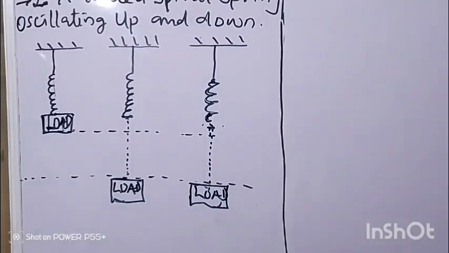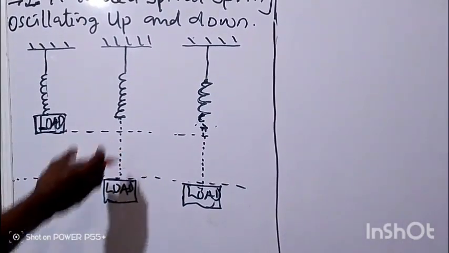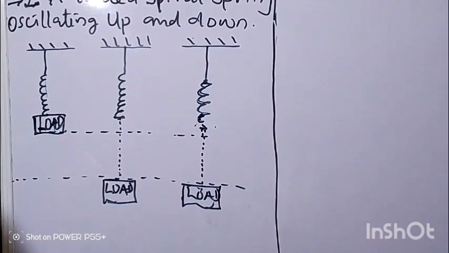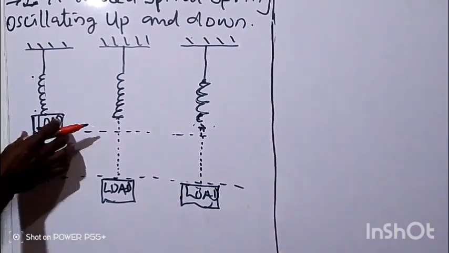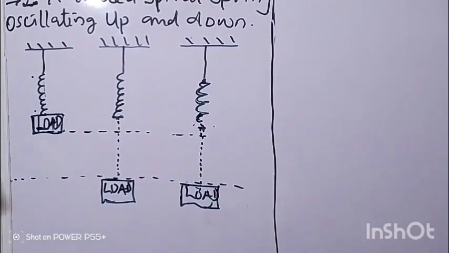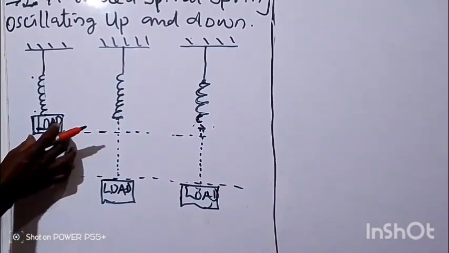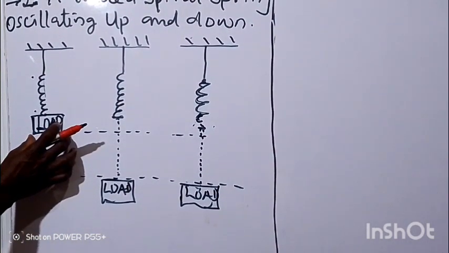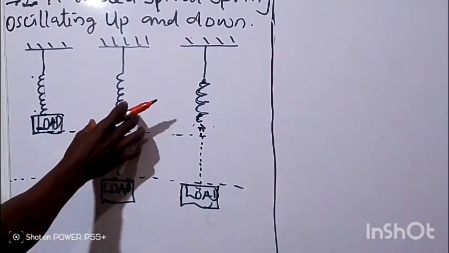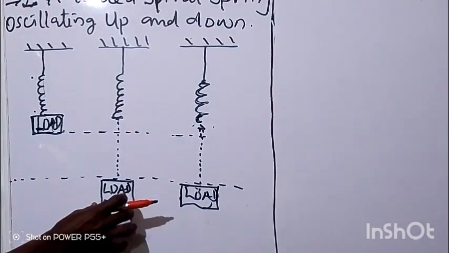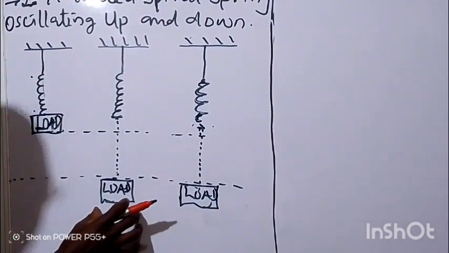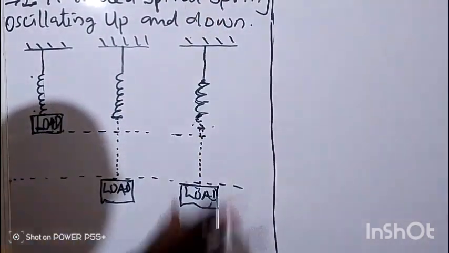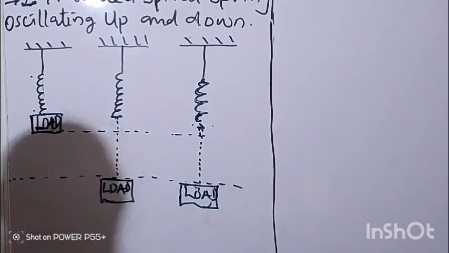Now, from the diagram on the board, we want to use this one to explain a loaded spiral spring. This is a spiral spring in which load is on, and this is the original position of the spring. When the load is hung on it and displaced a little, we have it like this. On releasing the spring to oscillate up and down, we are going to have it in these 3 cases.